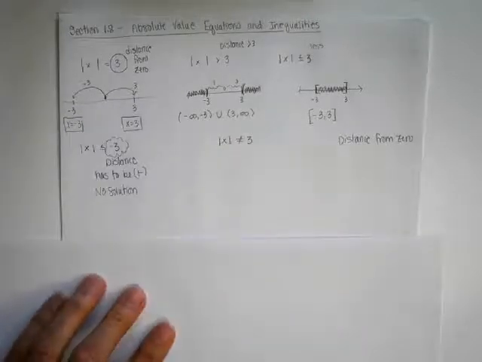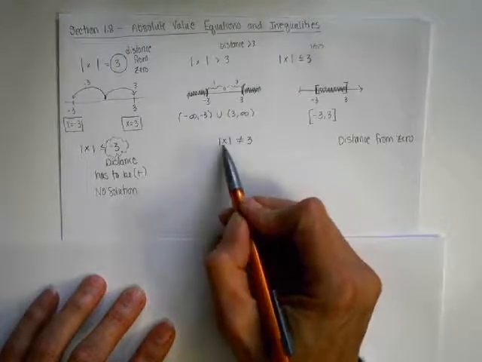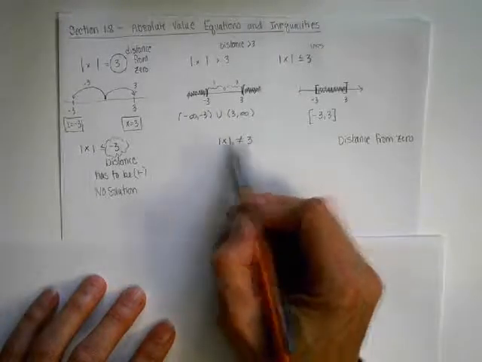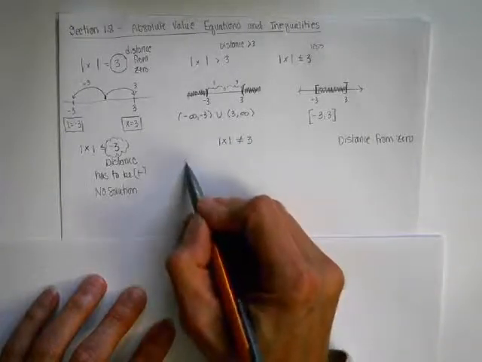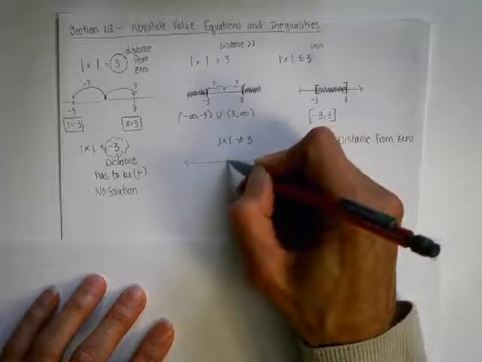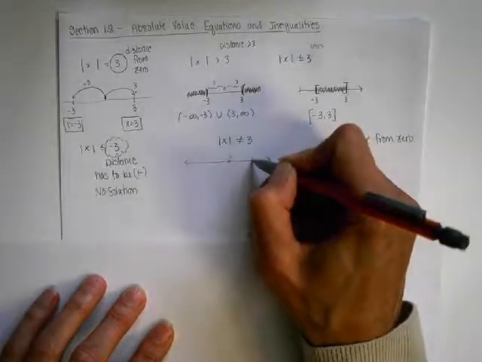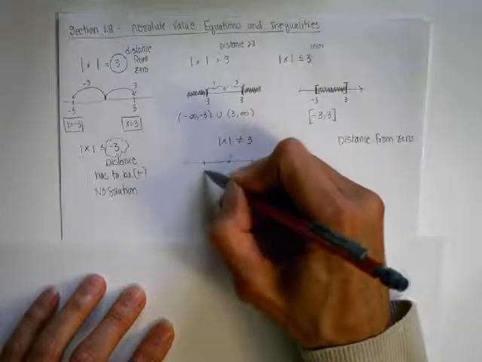And the last weird case is if our distance was everything but 3. So in this case, they're saying the distance can be any number except for 3 away. If we think of a number line, and this is our magic number 0, we can't be 3 away in this direction, and we can't be 3 away in this direction.